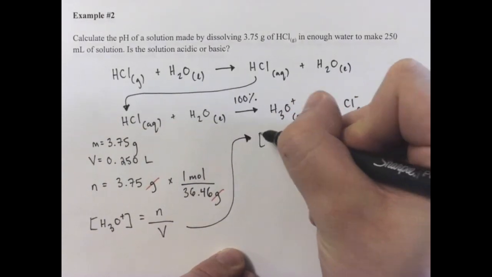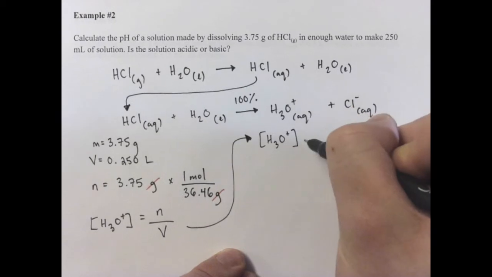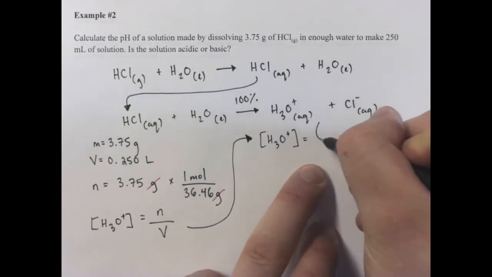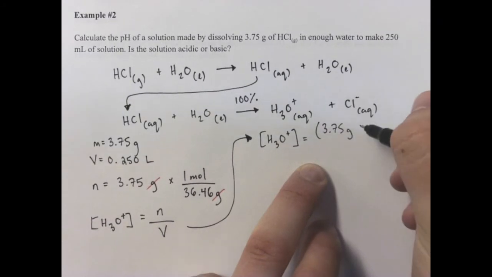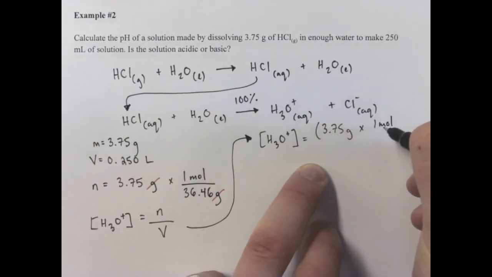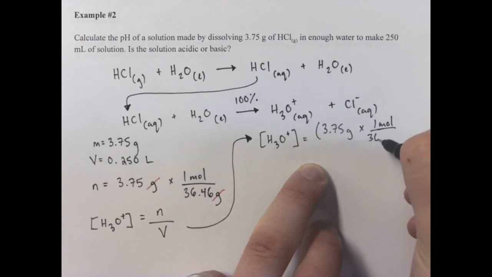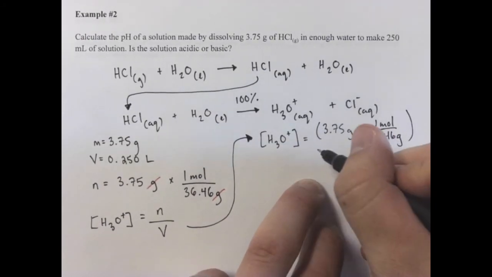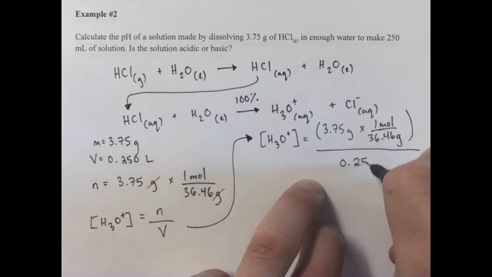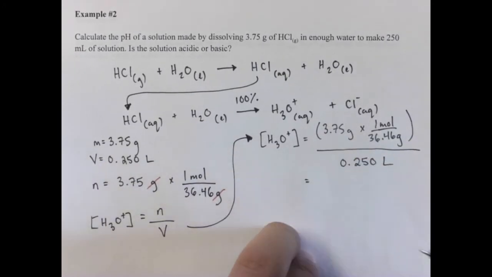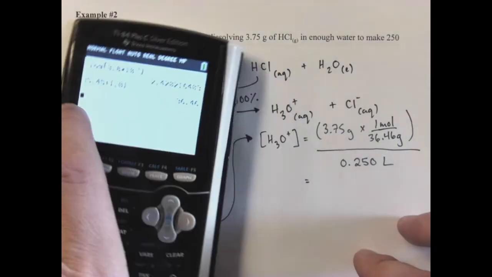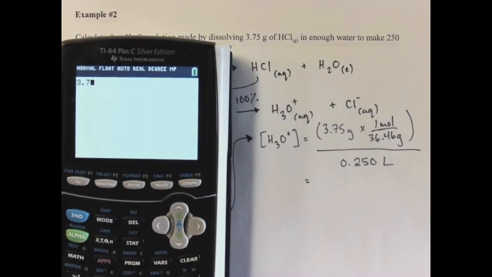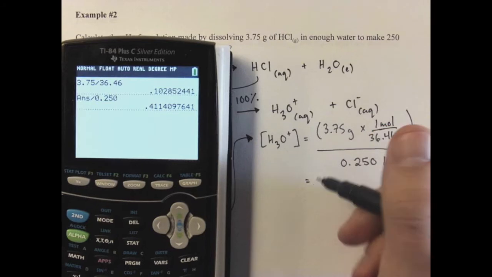My hydronium concentration will be my number of moles, which are represented by this operation, divided by my volume. So my hydronium concentration is 3.75 divided by 36.46, and then I divide that by 0.250, and I'm given a concentration.